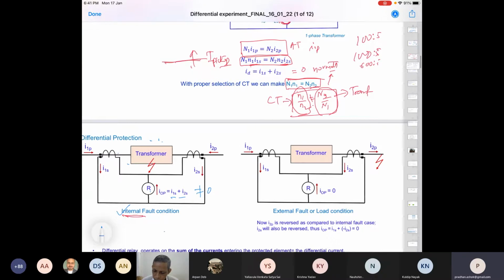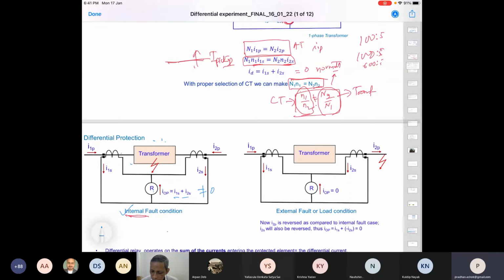Now let us consider this external fault loading condition. We will compare it left and right, internal versus external. So now what will happen? If you see here, from this side, let us say the substation side, this is the source side, the current is flowing like this. So there is no change in current in here. But for this side, for internal fault, if there is a source on this side, current will flow from right to left, or this current can be substantially low or zero.